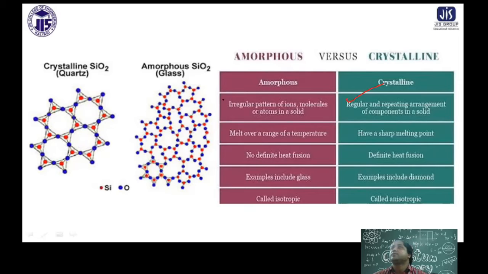You can see the example of silicon dioxide, the glass material, which is amorphous, and the quartz crystal, which is also made of silicon dioxide, but you can see that this is regular, on the left hand side.